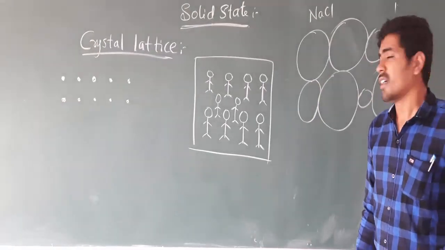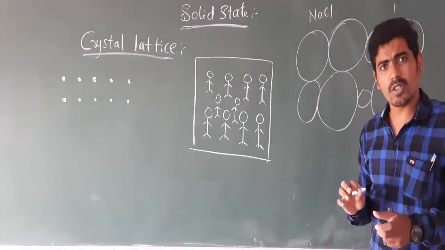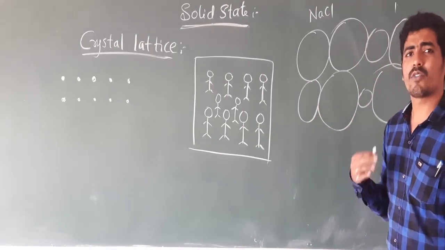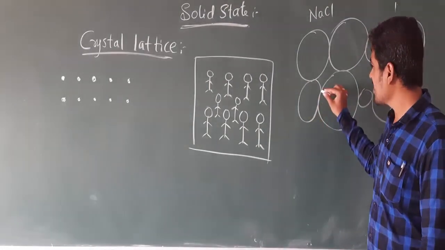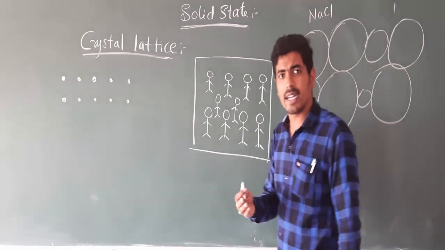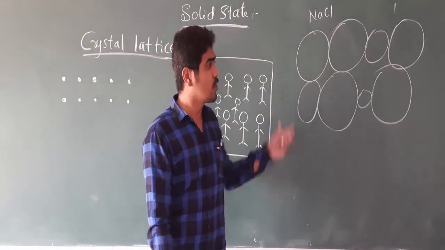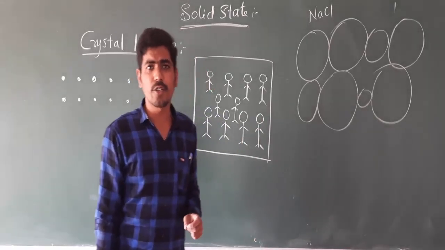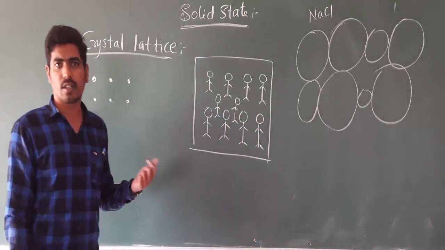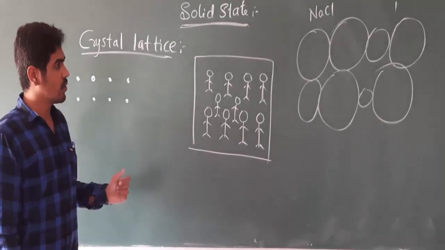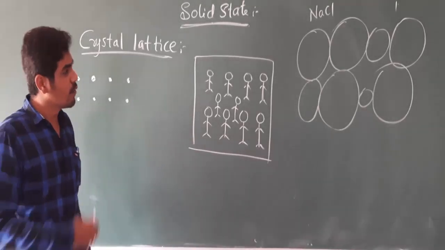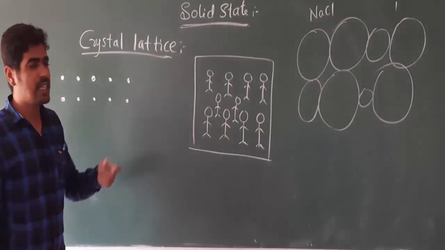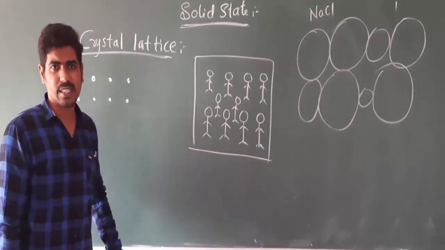And hence, to represent those ions and their structure in the crystal, it is quite difficult. And hence, we will choose an alternate way to represent those atoms or ions or molecules which constitute a crystalline solid. So, instead of that, we will also use this way to represent the structure of the crystals.